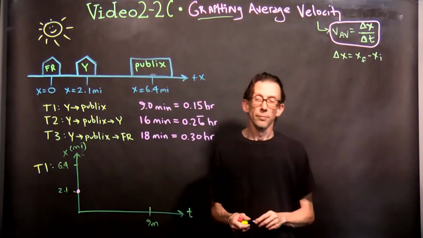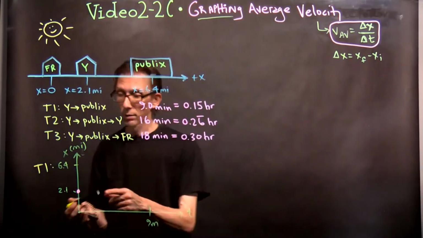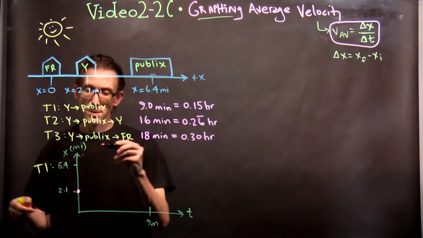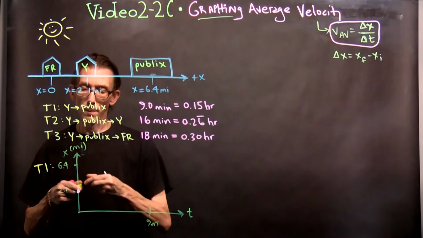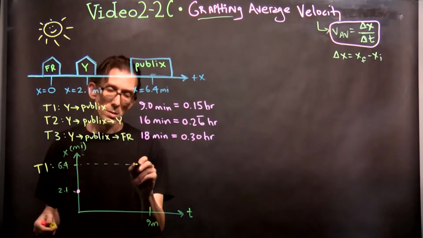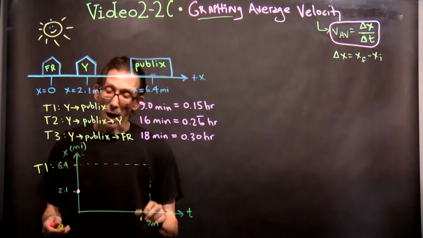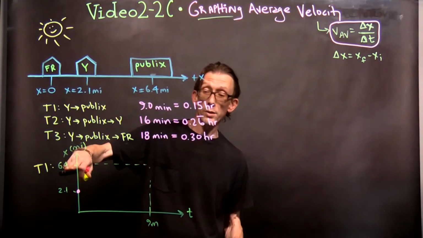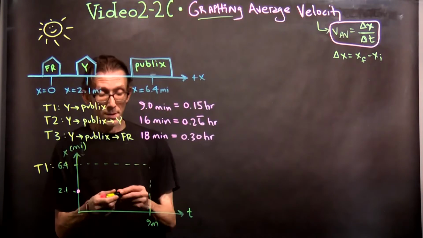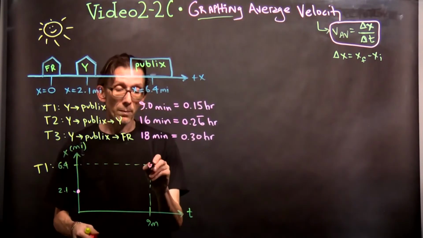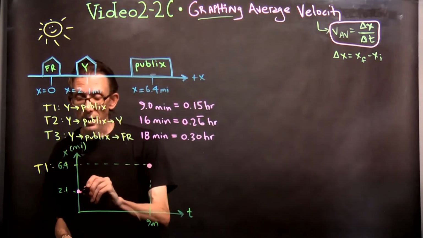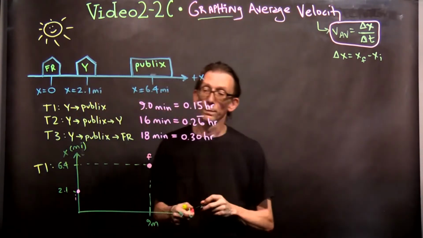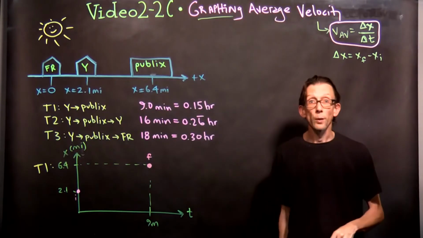All right, so you start at that dot there, but you end at this dot. Oops, not pink. Don't want to use pink here. You end up here, a higher value of position at 6.4 miles at time 9 minutes. So that's the initial point, and that's the final point on our x versus t graph.